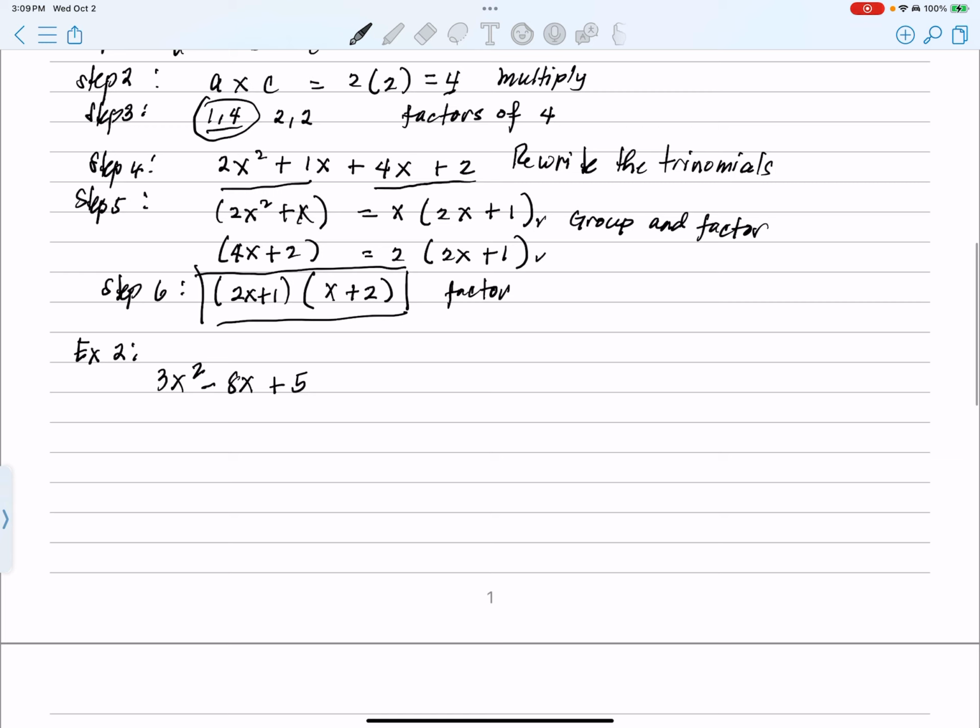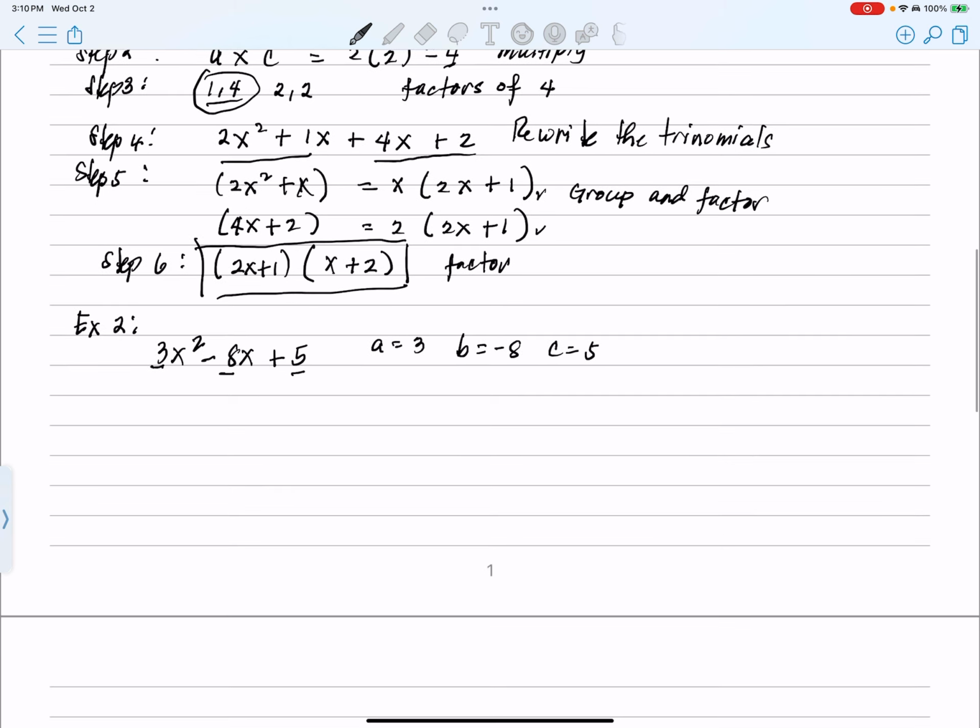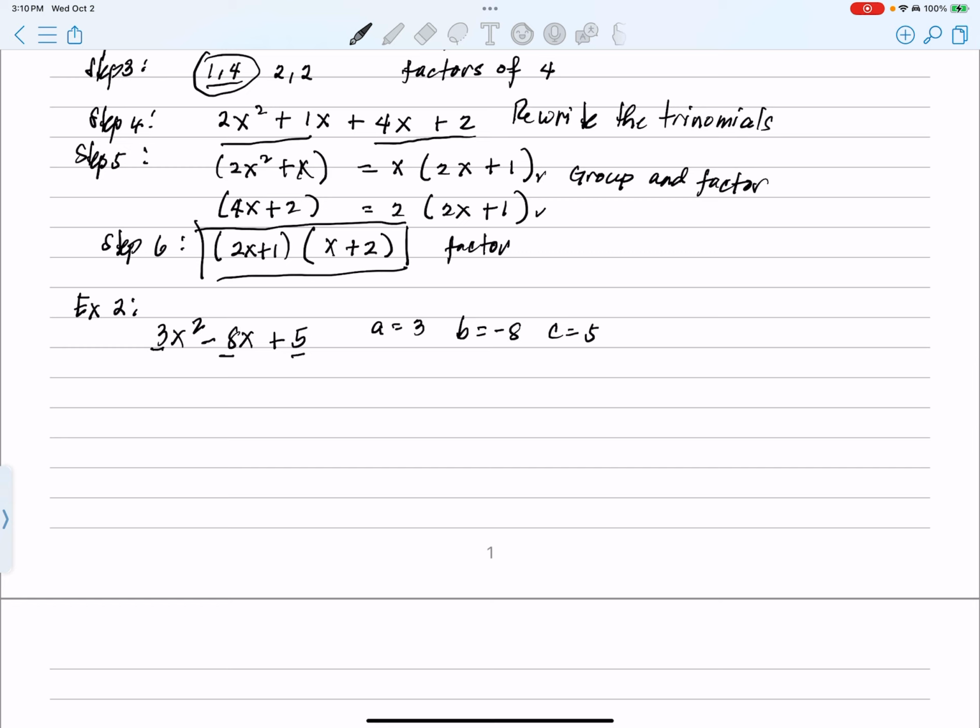That means our A is 3. The B is negative 8. And the C is 5. You have to watch out with the negative 8 because we have a negative sign. Okay, that's important.